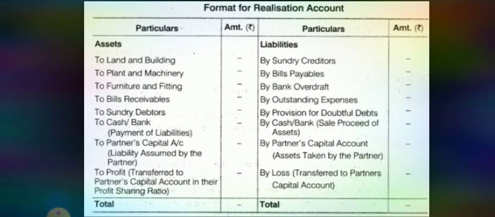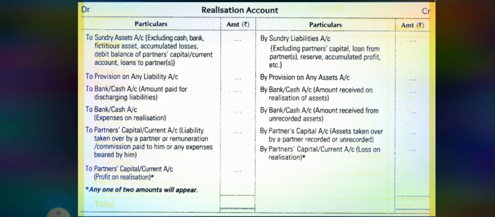So here I am going to explain to you the next format, that is also of the realization account, and you can watch at the debit side what is given at the first. It is the sundry assets account.